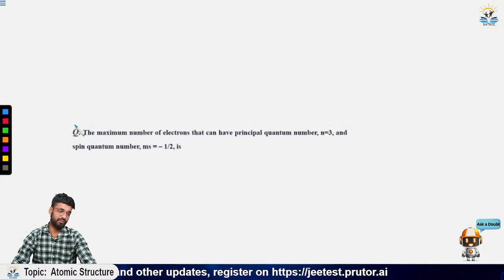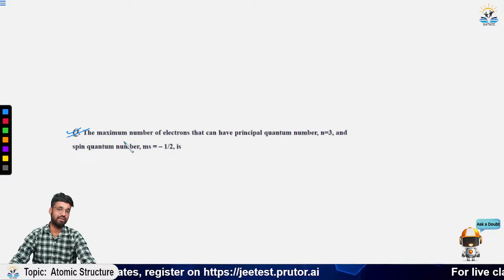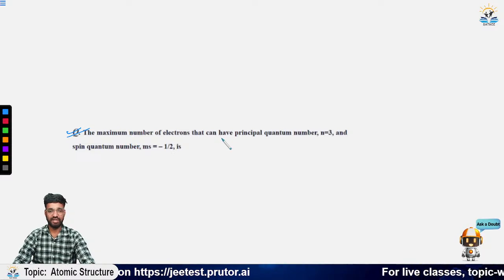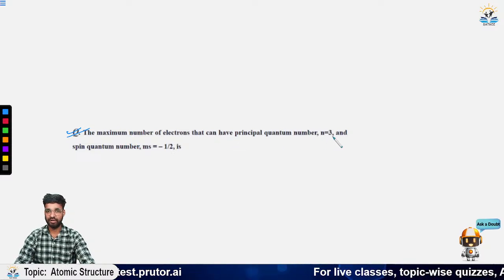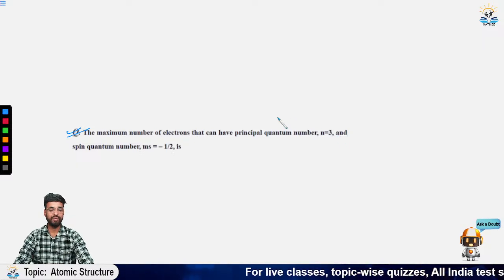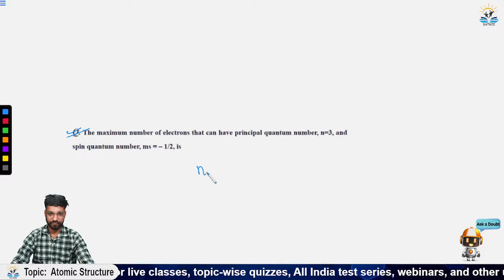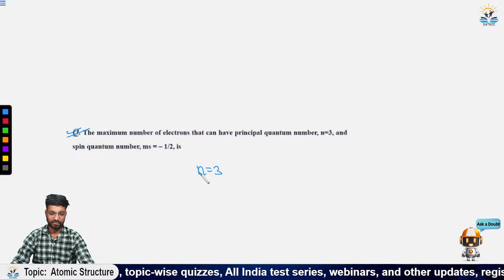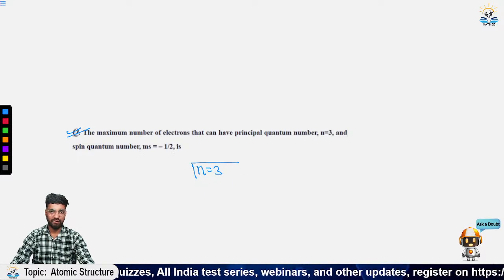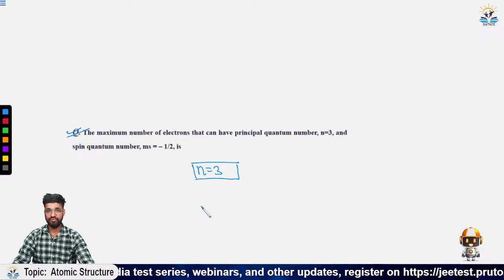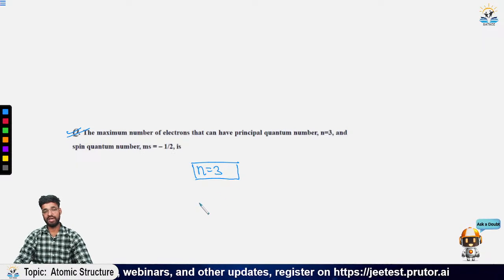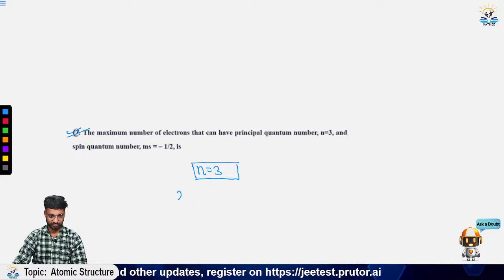Yeah, we do have a question here. It says the maximum number of electrons that can have a principal quantum number n equal to 3 and spin quantum number ms. We are given that n is equal to 3. So for n equal to 3, how many values of L are possible? You know the formula.